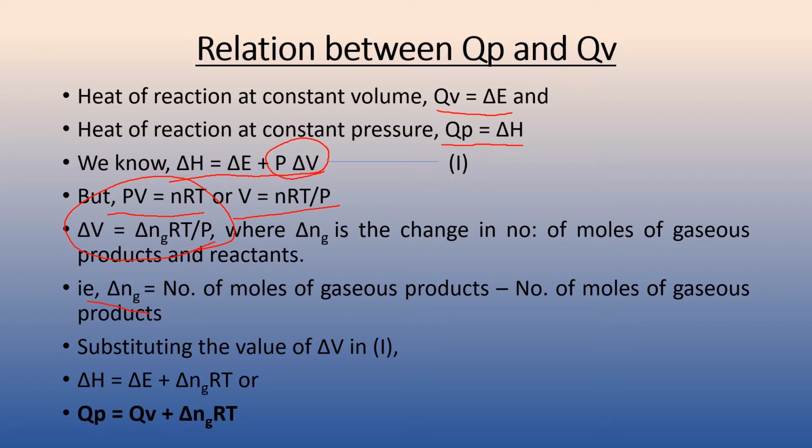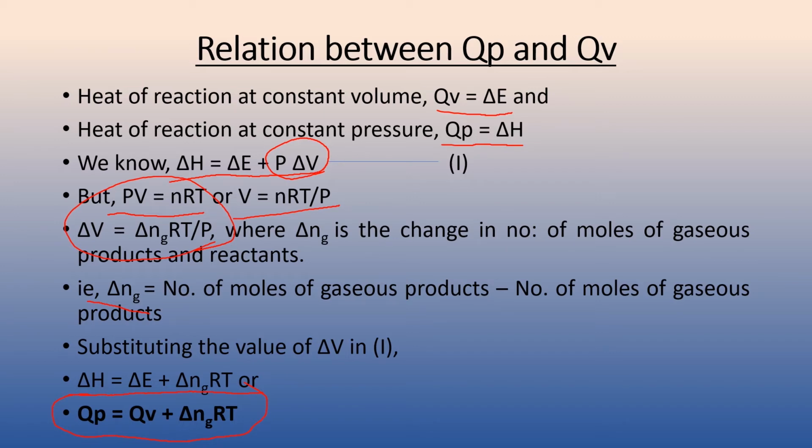For solids and liquids there is not much change between QP and QV. So we substitute delta V as delta Ng RT by P, and we get the equation delta H equals delta E plus delta Ng RT, or we can write QP equals QV plus delta Ng RT. So this is the relation between QP and QV.